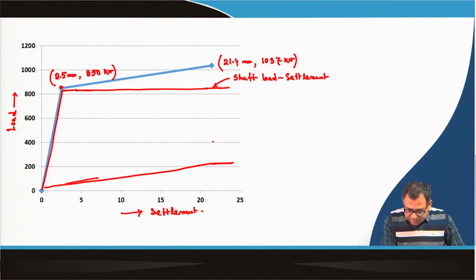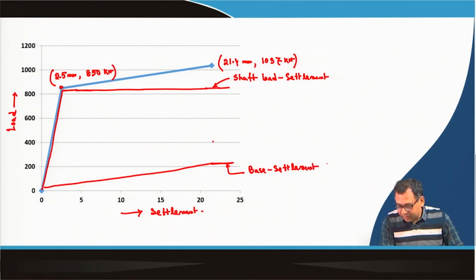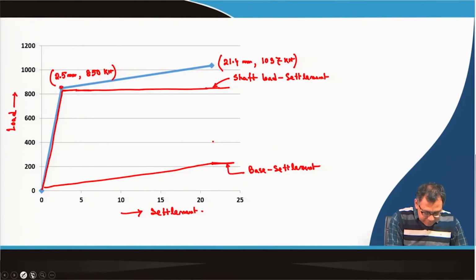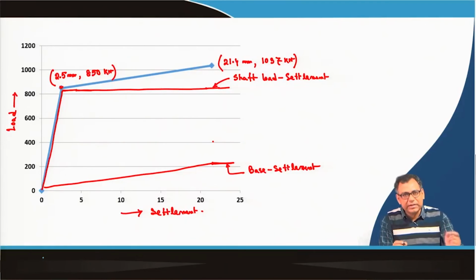So, now this is the curve for base load and settlement. Fine. And then I have discussed that there will be a portion that is due to the pile material settlement, and that value is less than 1 millimeter.